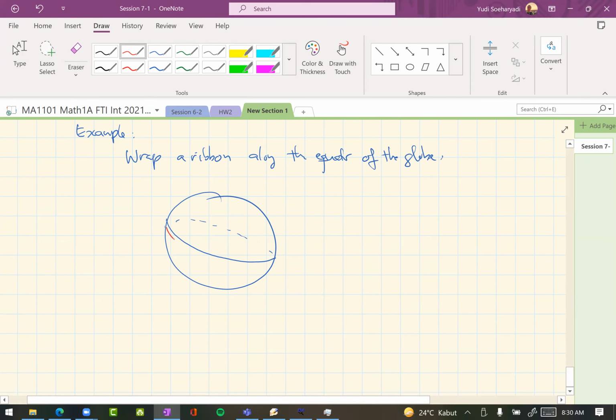So you want to wrap that around, just fit it tightly with the radius. And you see the ribbon required is paid already.